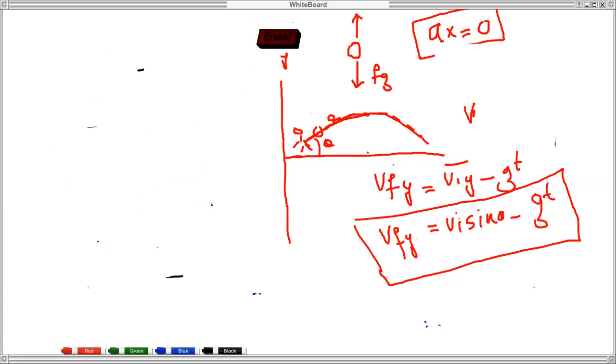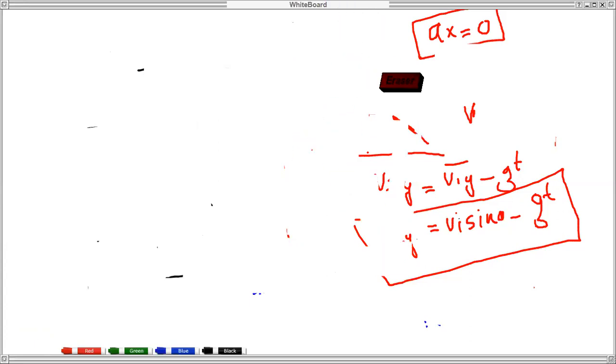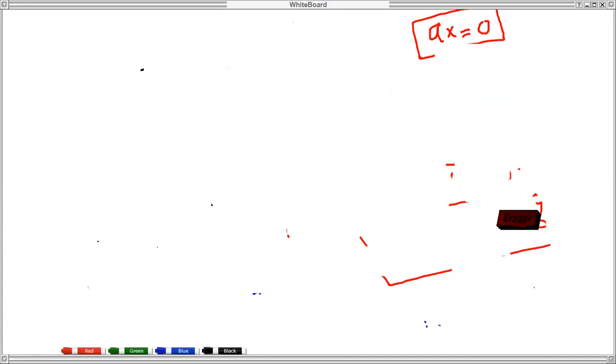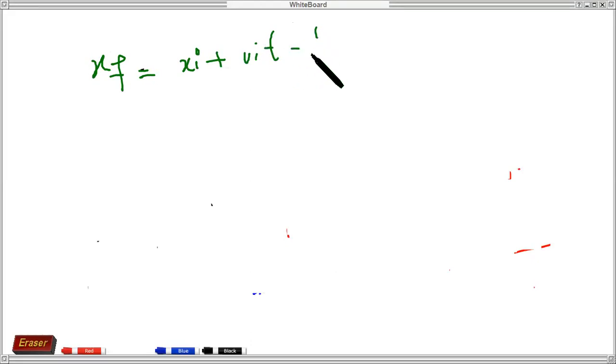It's xf equals xi plus vi t minus 1/2 a t square, or minus 1/2 g t square. Correct. This is for displacement. Now for projectile motion, how can we write it?